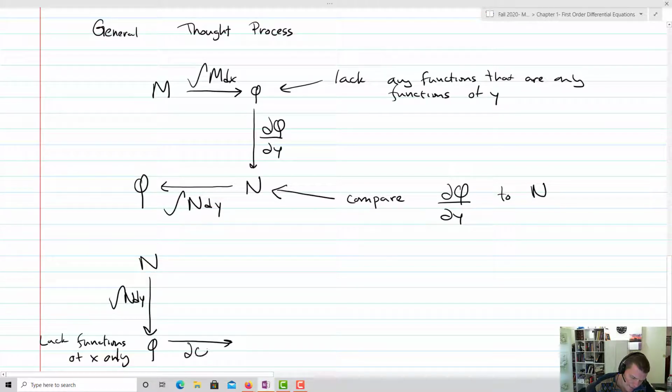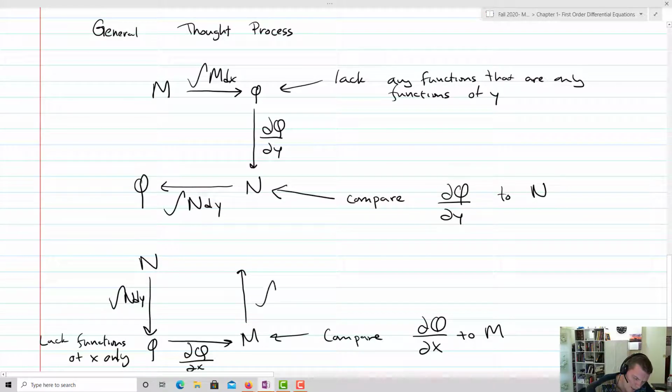Then we take dphi/dx, and that takes me to M. At M, we make a comparison: we compare dphi/dx to M, and then we integrate M with respect to x and end up at phi again.